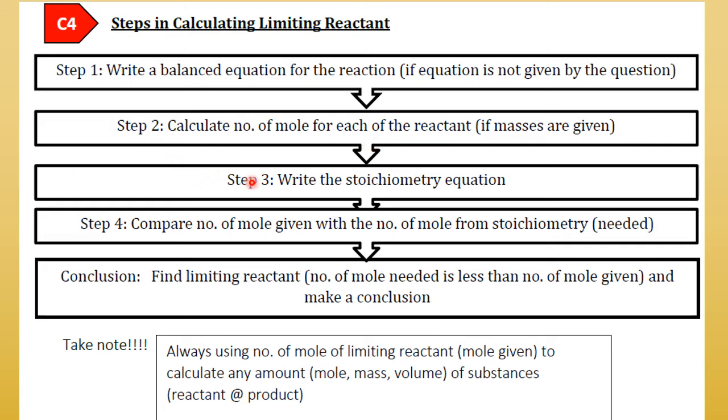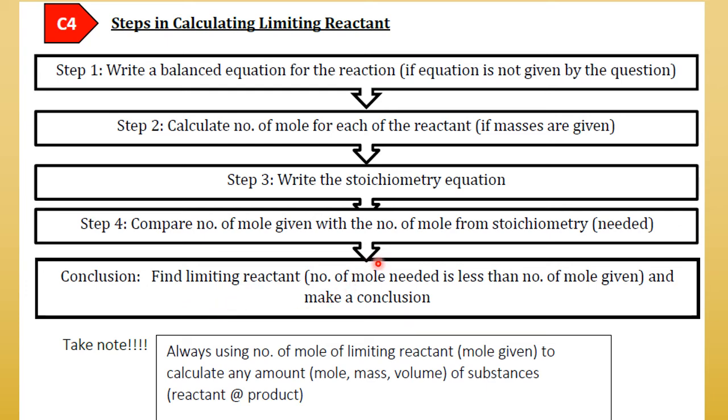Then step 3, we write the stoichiometry equation. Based on the stoichiometry equation, step 4, we compare the number of moles given with the number of moles needed. Based on step 4, we can find the limiting reactant.